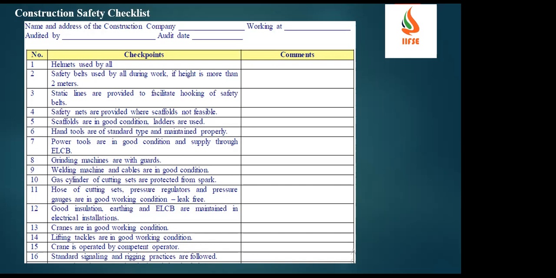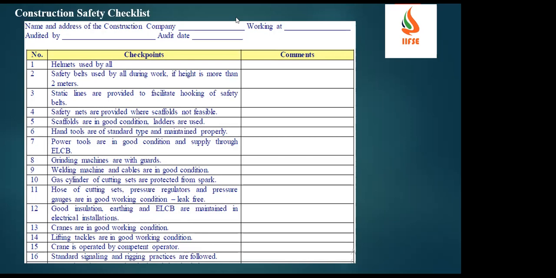And welding machines and cables must be in good condition. Gas cylinders of the cutting sets must be protected with flashback arresters. And also the hose must be checked. If there is any leakage, we have to suggest they change the pipes and hoses. Also, the pressure gauge is very important at the time of gas cutting.